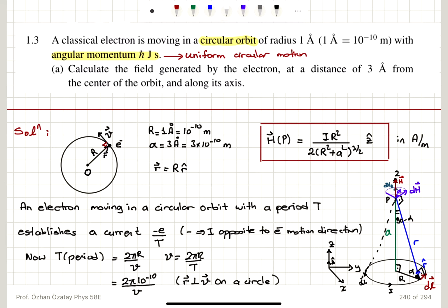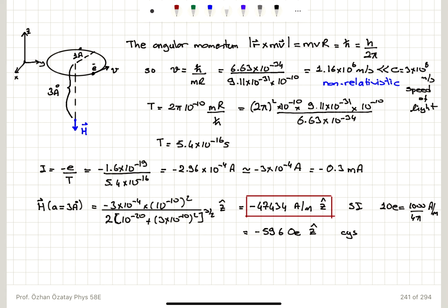We used the result for circular currents to calculate the magnetic field at a distance a from the center, and the field that we found was 47,434 ampere per meter. So we're going to use this field to calculate the Curie temperature of this solid.